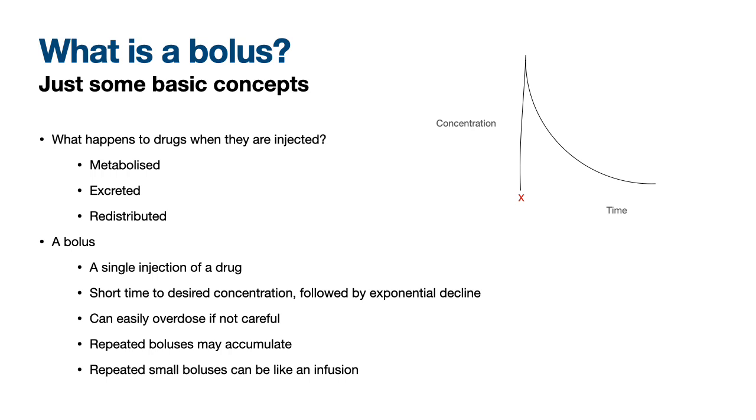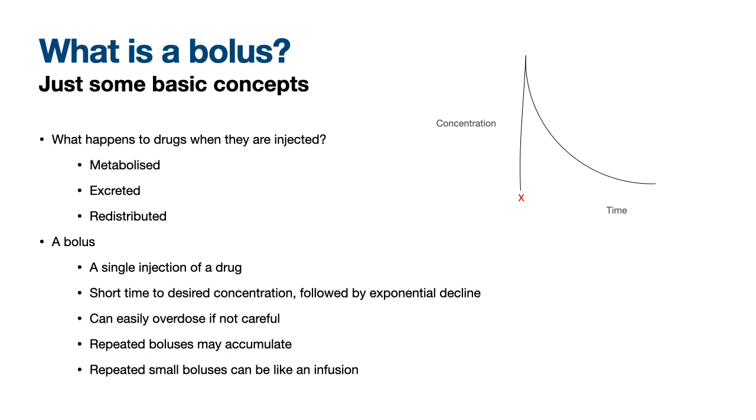The main things to say about a bolus as a concept is that it's a single injection of drug, and the advantage is that you get a short time to reach a desired concentration, followed by this exponential decline that you can see in the graph. Now the flip side of that is that you can easily overdose that drug and end up with other problems such as hypotension if you're not careful with either the dose or how quickly you inject it.